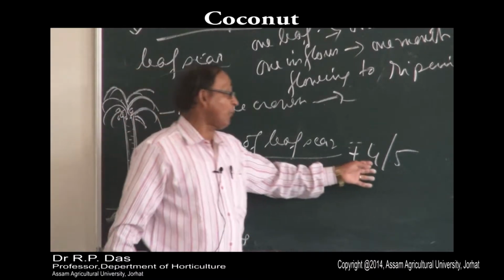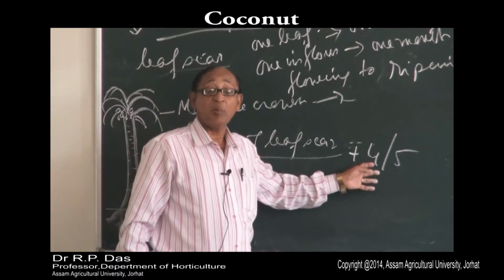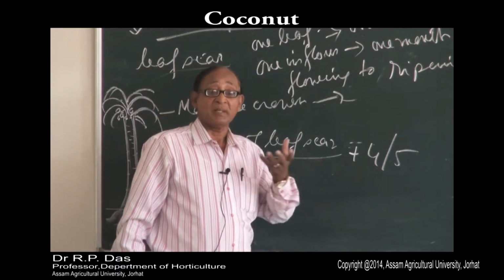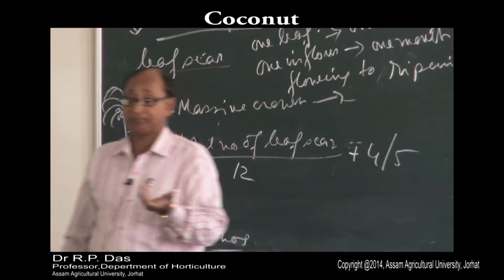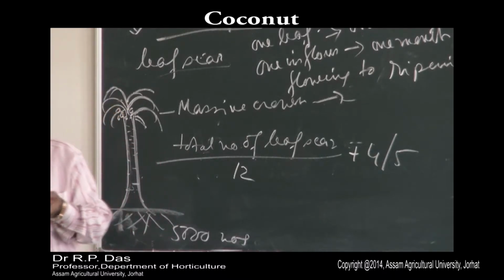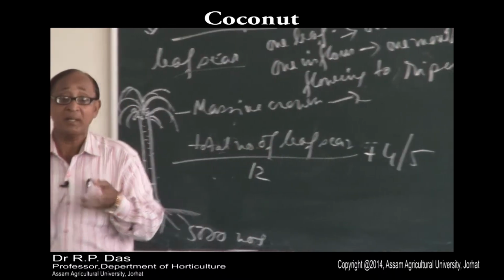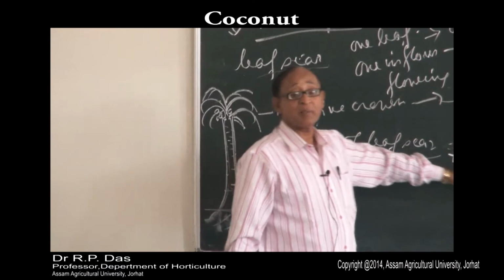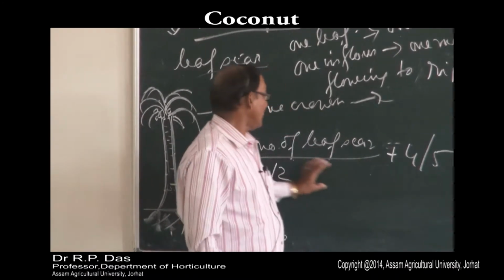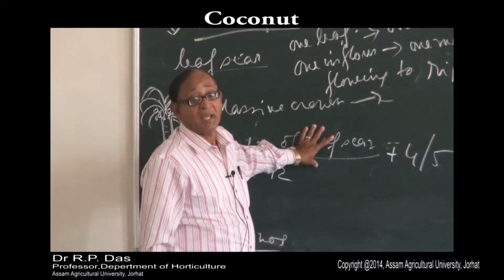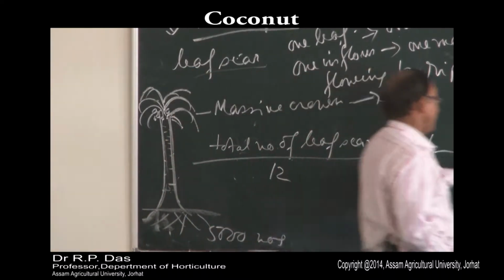That is, in case of dwarf varieties, at 4 years of age, the stem is visible. When the stem is visible, then you can count the leaf scars. And in tall varieties, at the age of 5th year, the stem is visible, then you can count the leaf scars. So, this will give the age of the plant.